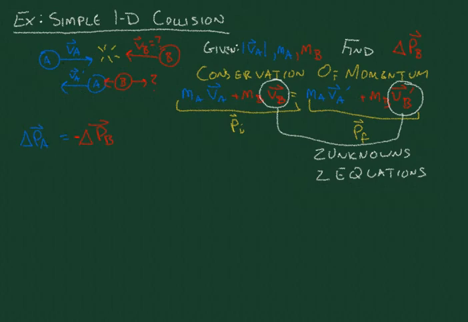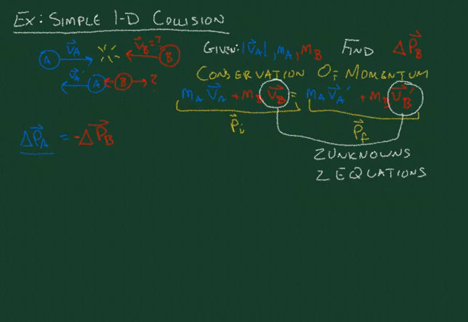There's this change in momentum, and so that's telling you that it's giving some of its momentum to mass B, and the other way around. You can look at it as mass B is traveling to the left, and then it's giving some of its momentum to mass A, and then it goes in the other direction. So either way you want to look at it, they both have a change in momentum that's equal in magnitude and opposite in direction. So now all we need to do is find the change in momentum for mass A.